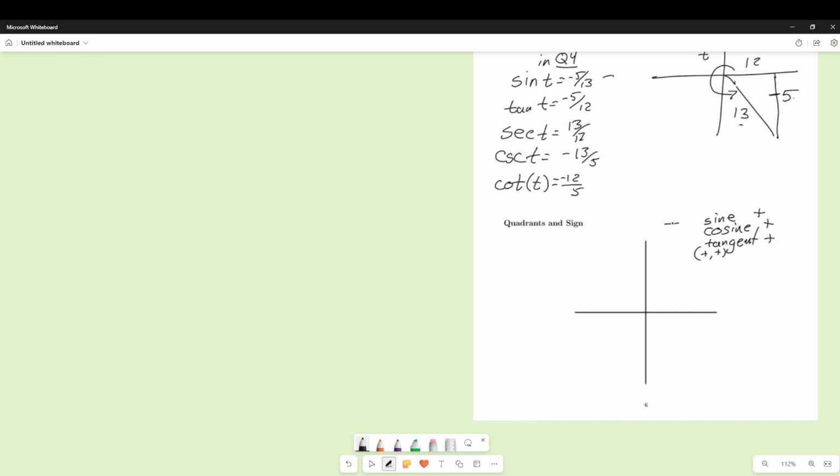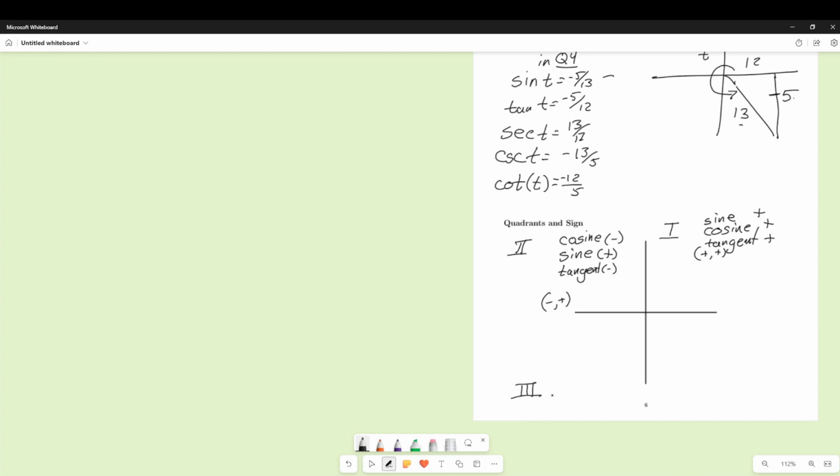But over in quadrant 2, because the x values are negative, y values are still positive in quadrant 2, that's going to make our cosine negative, our sine values positive, our tangent values, since the tangents are the sines over the cosines, the y's over the x's, still going to be negative.